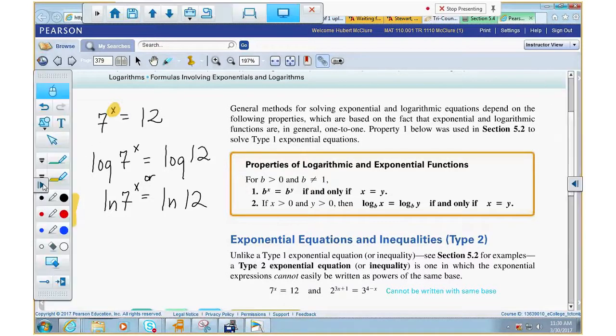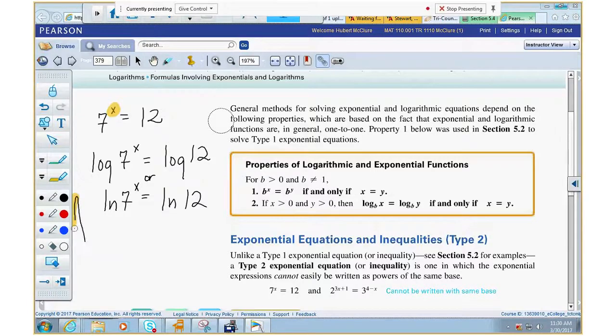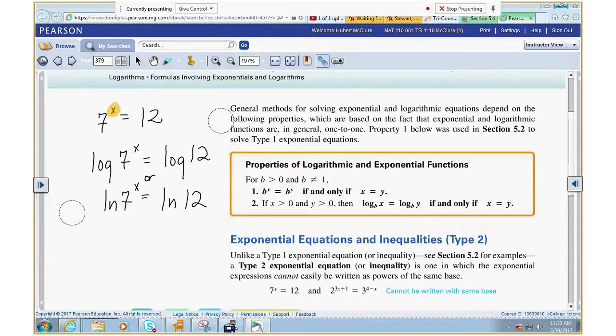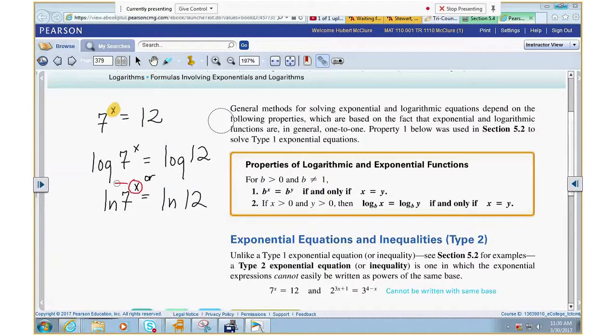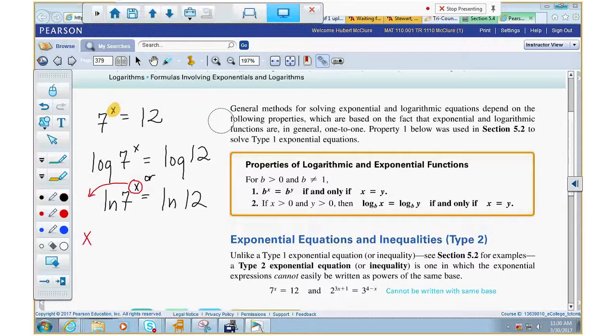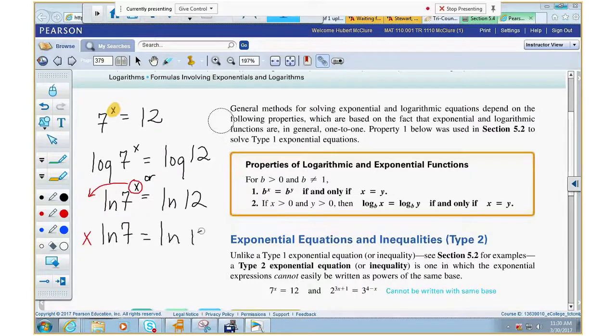That's right, class. Power rule. So take your handy dandy highlighter when you need to make a note that it can come out front. x natural log of 7 equals natural log of 12.